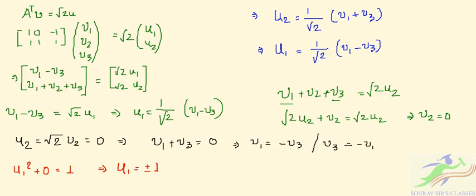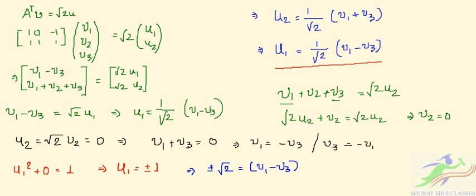So if we put this U1 over root 2, we will get plus minus root 2 equal to V1 minus V3, right?